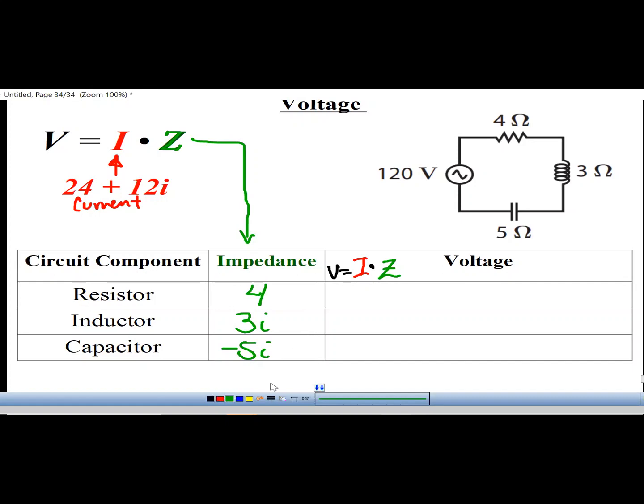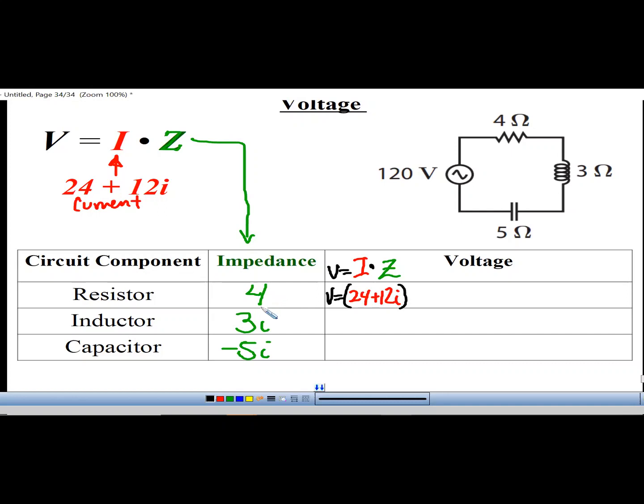Let's find out how much voltage is going through the resistor. So let's use this formula. V equals, what is I? I is the current, which is 24 plus 12I, times the impedance.